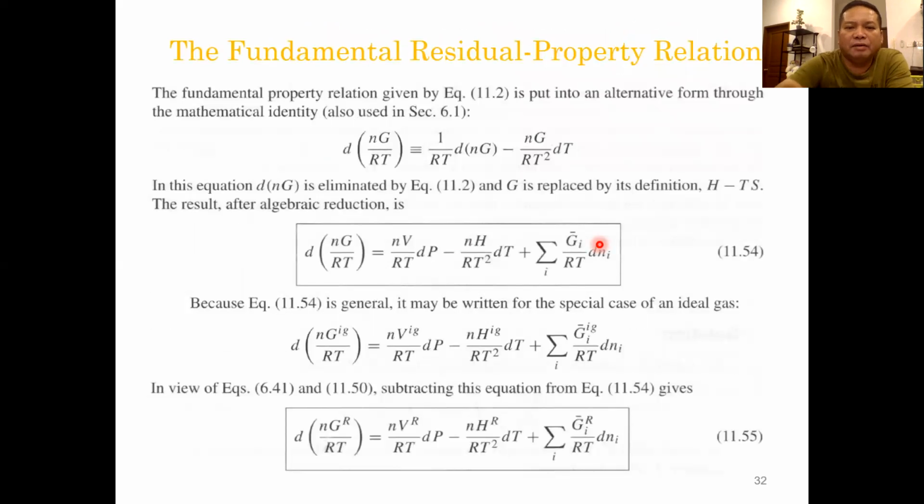The fundamental relationship between these is put into an alternative form through mathematical identification. I think you can go and look at the mathematics, in which you derive this. This equation here will relate Gibbs energy, volume, enthalpy, and Gibbs energy here to the mole.